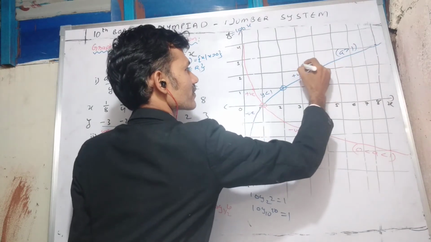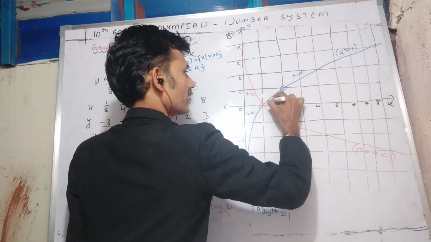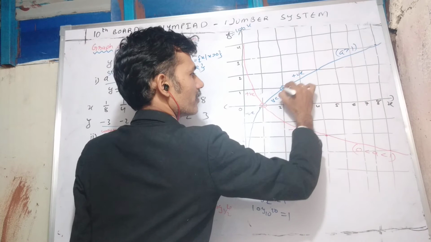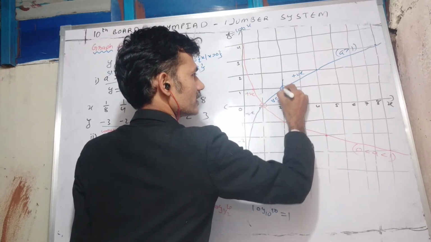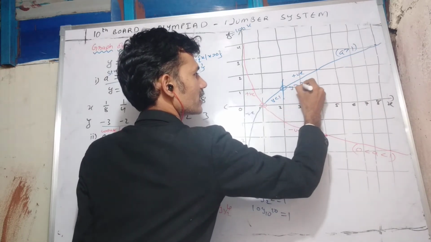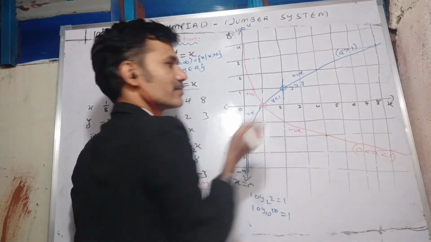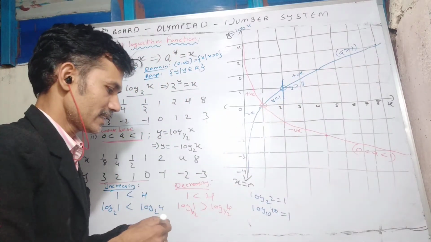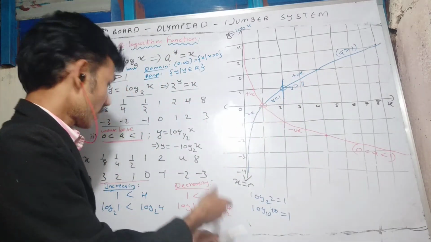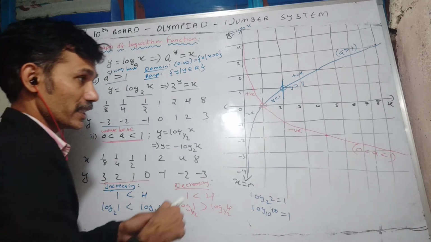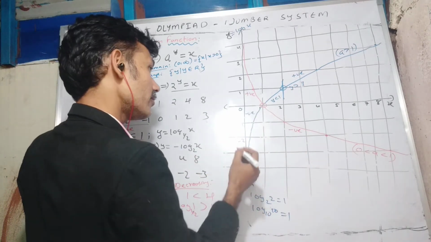I am comparing: before this point y is less than 1, and after this point y is greater than 1. That is the turning point.